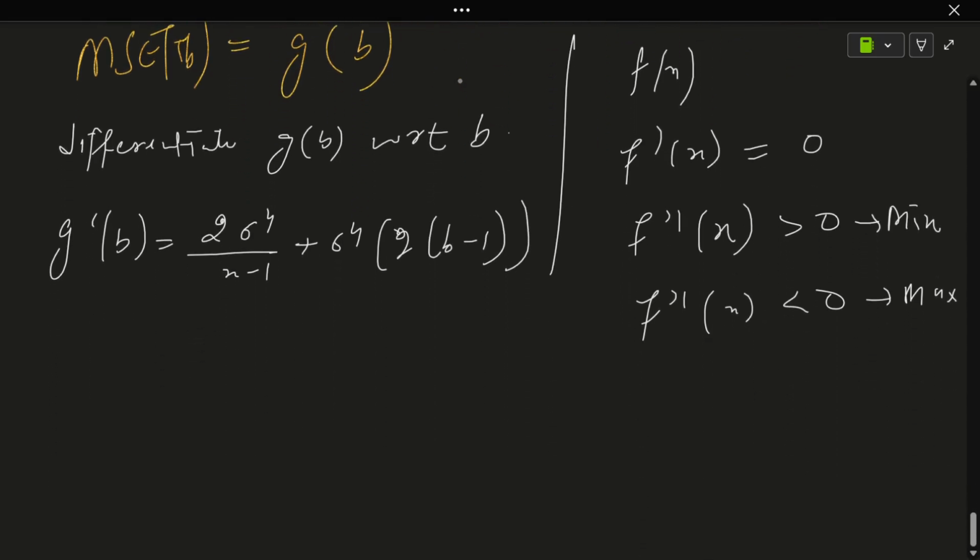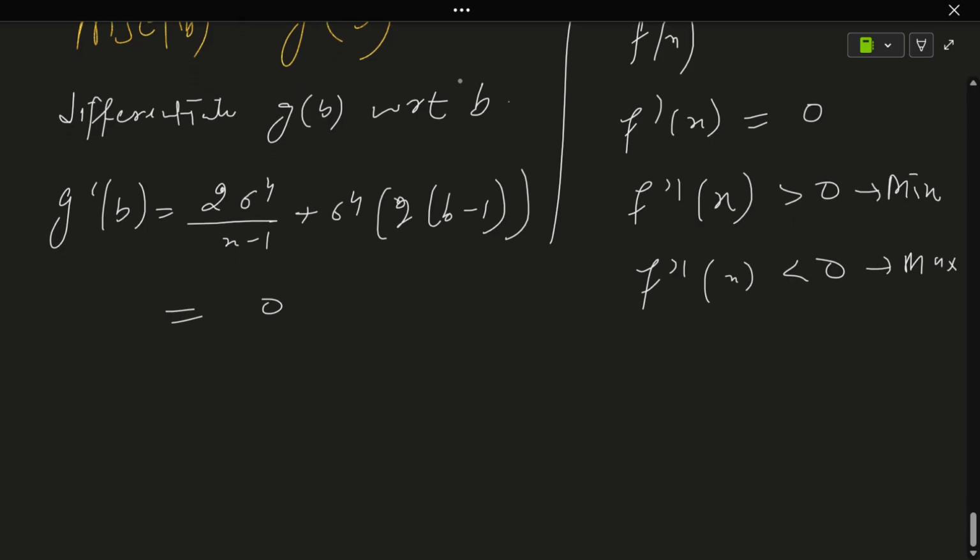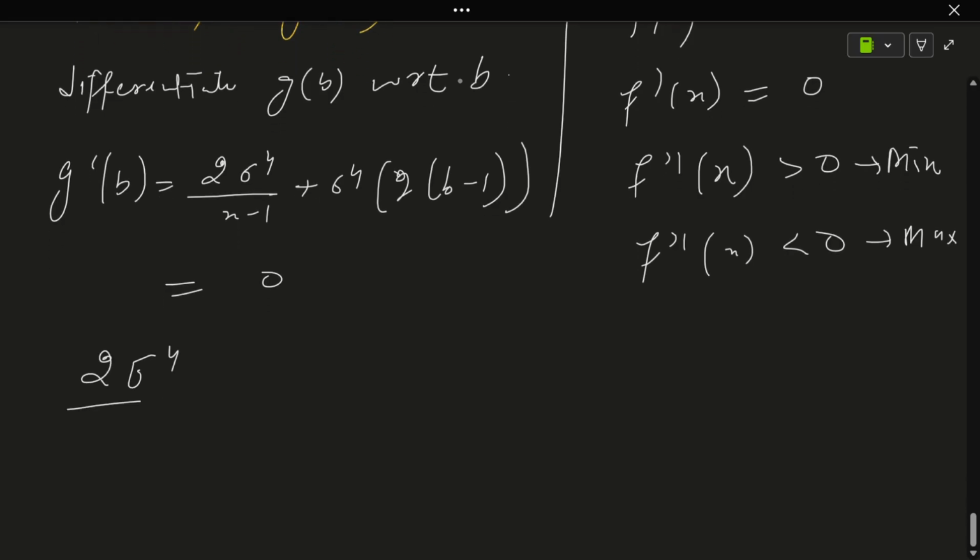Simple differentiation. And we need to put this equal to 0.